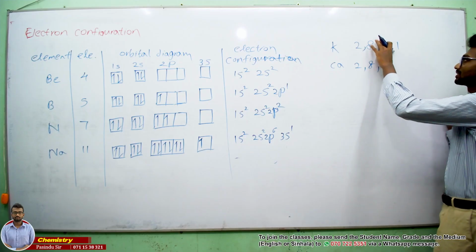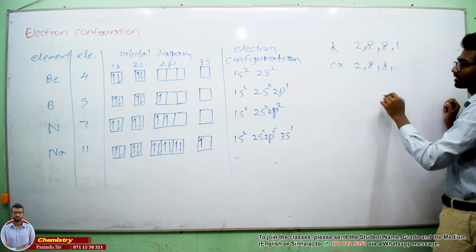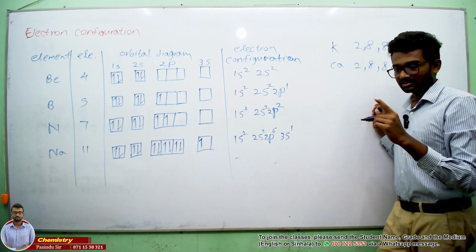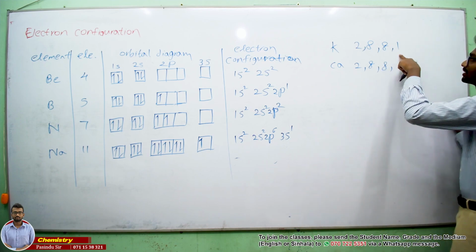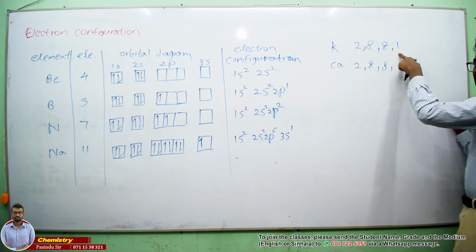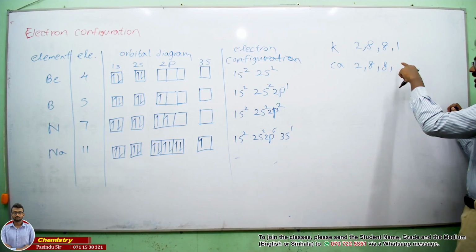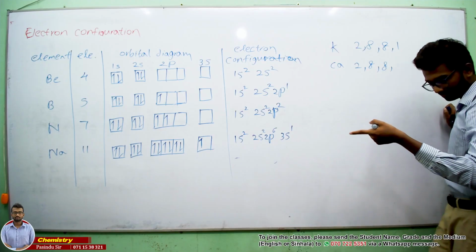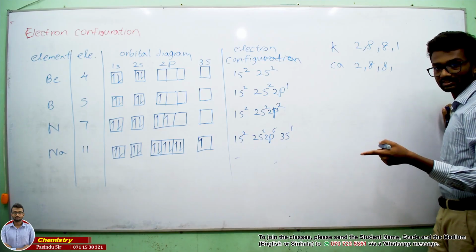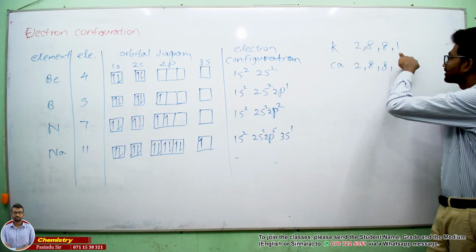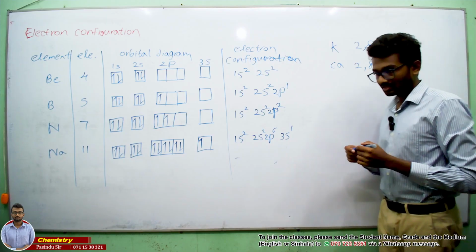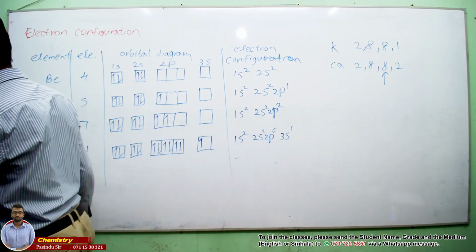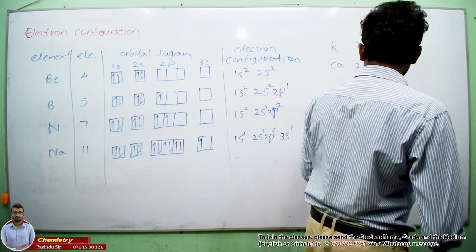Now you're going to learn the reason. The reason is sub energy levels. 4s orbitals are filled earlier than 3d. This is the fourth energy level, so the 4s orbital is filled earlier than 3d.